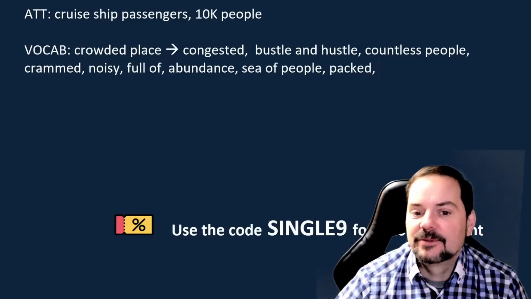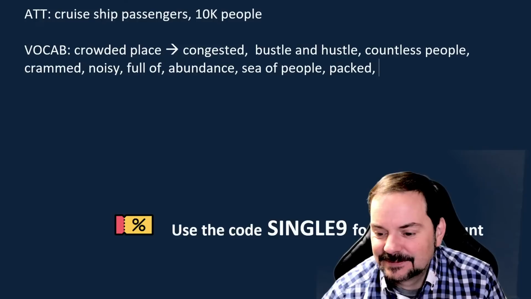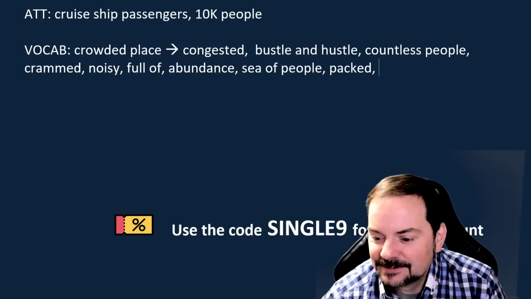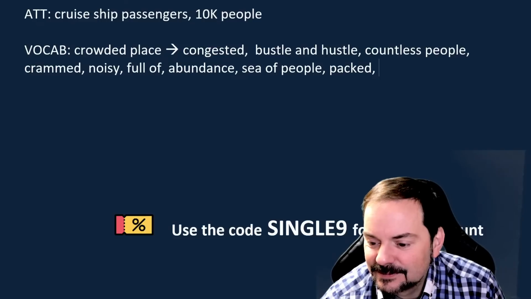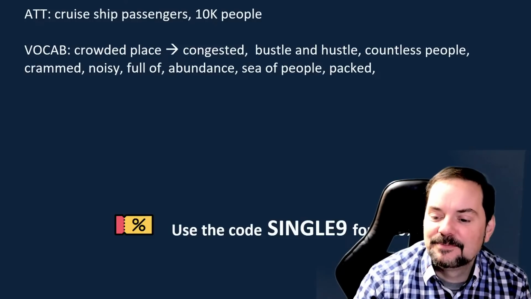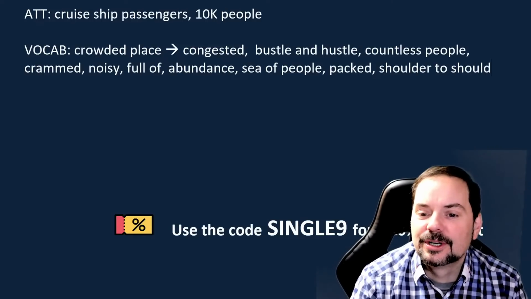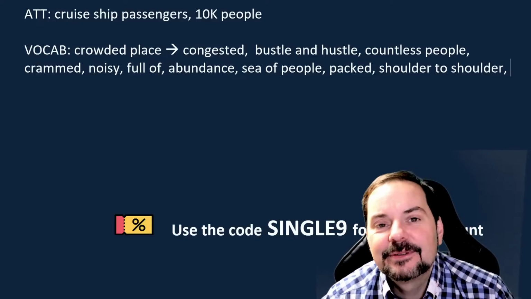Packed is a good verb to know here. Okay. Ha says boisterous. I don't know about that one, Romelia. Okay, how about shoulder to shoulder? Has anybody ever heard that expression?